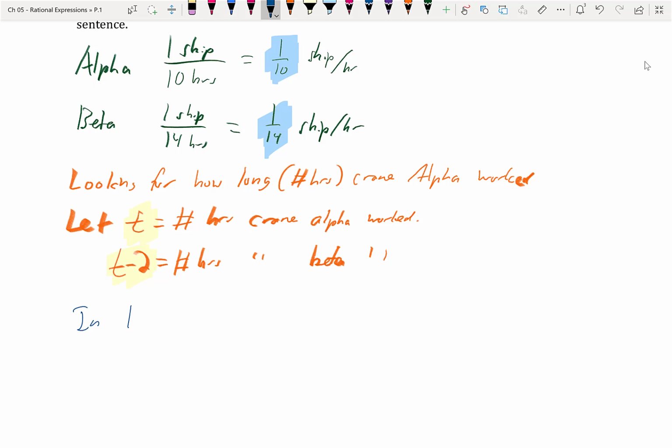In 1 hour, Crane Alpha does 1/10 of the job, we'll say of the ship to be specific. Crane Alpha does not work for 1 hour. How long does it work for? T hours.